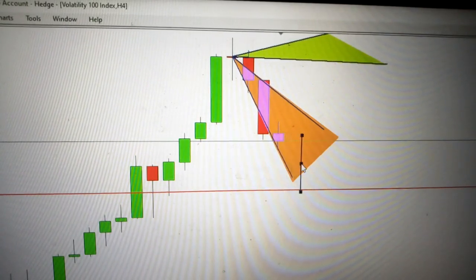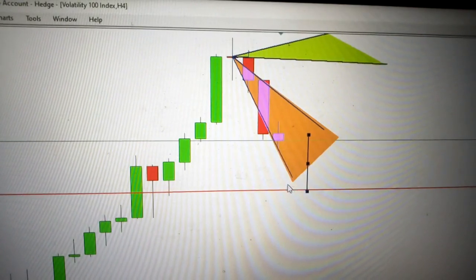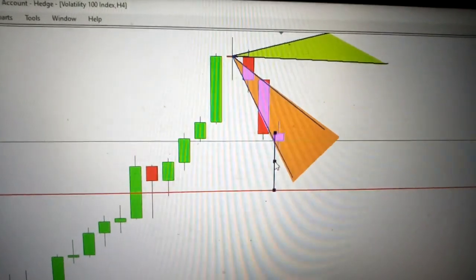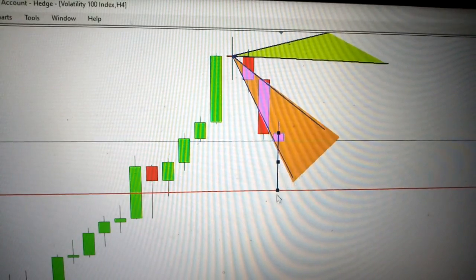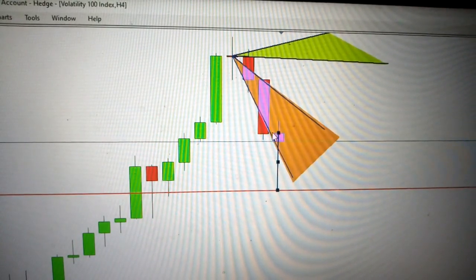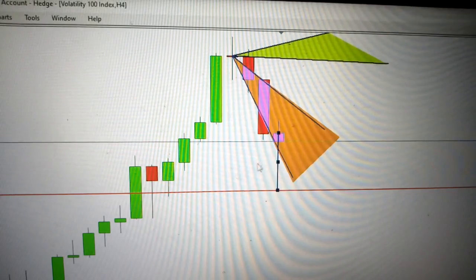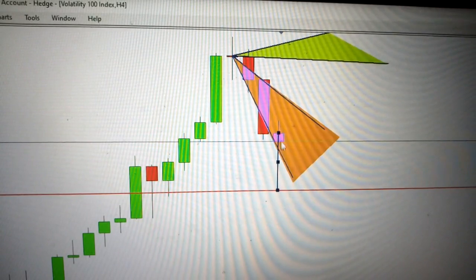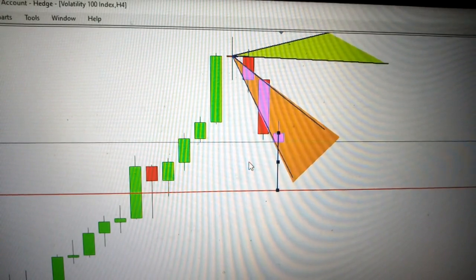But right now what we can see is price is still trying to find its direction, but we expect a bearish move down here, and when it gets down here and price closes, we'll also continue the plotting of the megaphone trend line and shape to also predict if this bearish move will continue, and then we'll have a total reversal on Volatility Index 100 4-hour time frame.